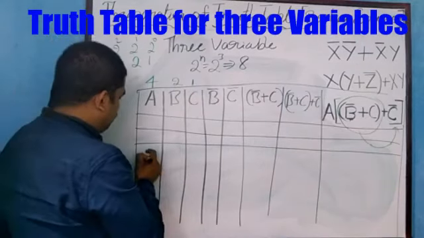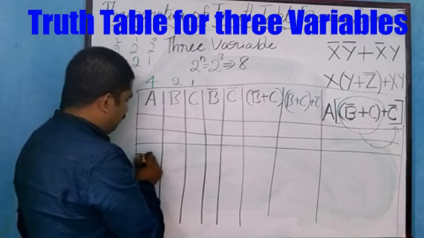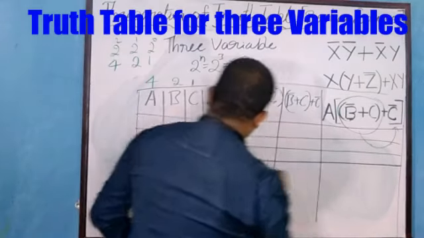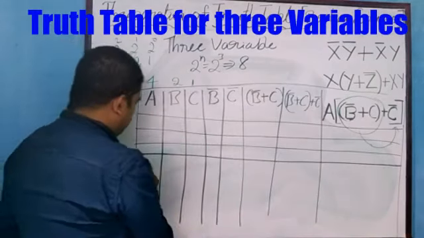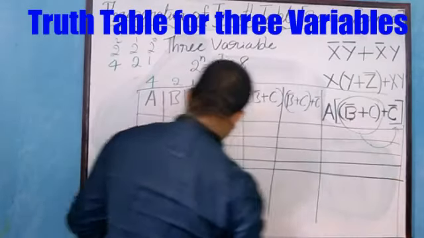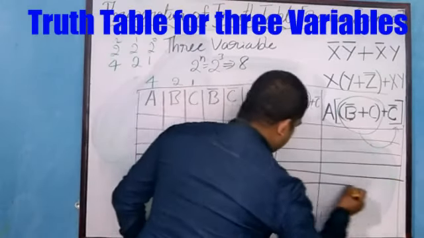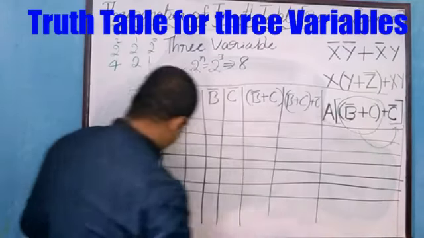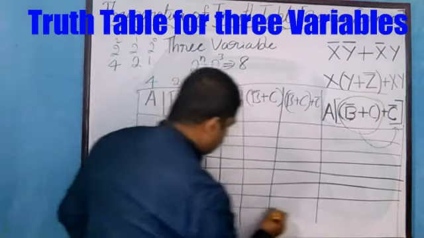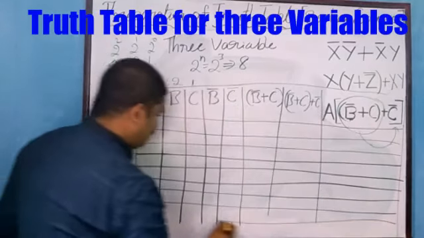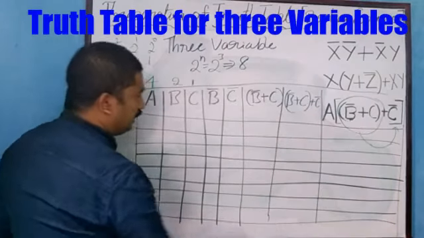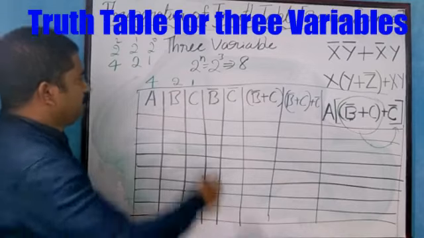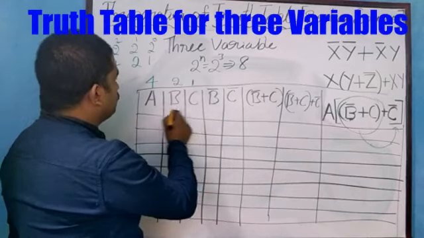So here you can give the input. We need 1, 2, 3, 4, 5, 6, 7 and 8 rows.